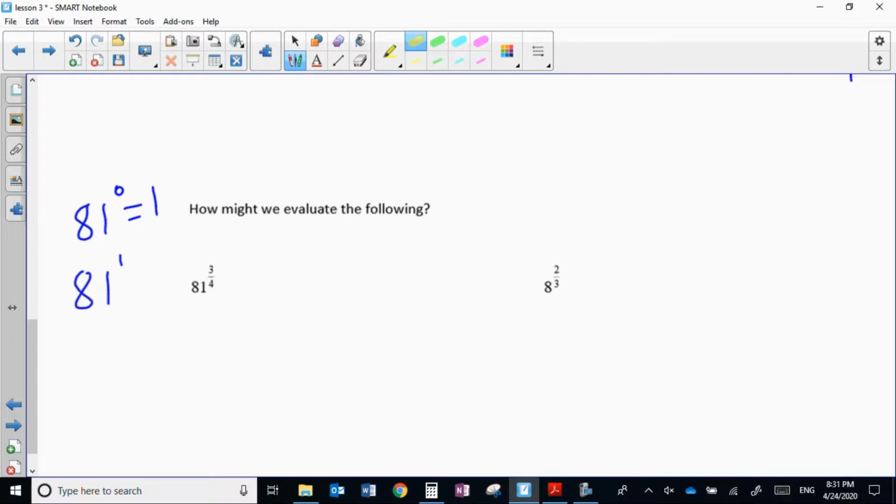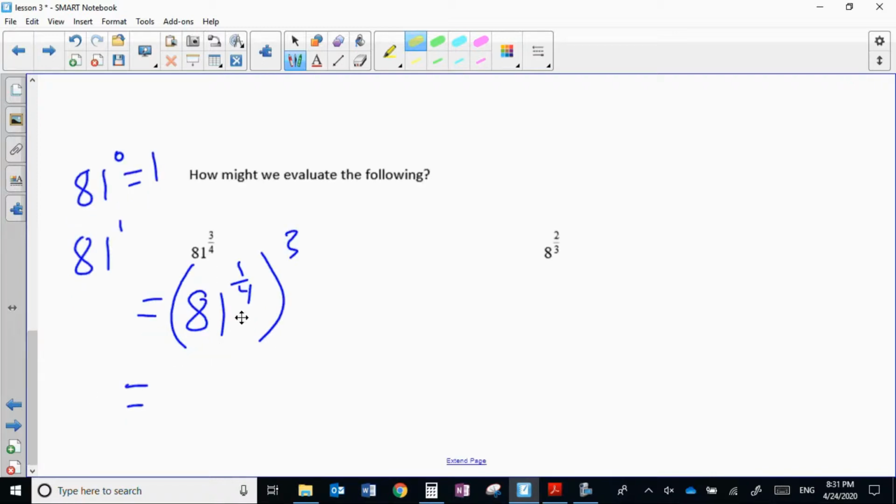Well, thankfully, we have a nice little trick we can do here. We can rewrite this using our rules for power of a power. 81 to the power of 3/4 should be the same as 81 to the power of a quarter taken to the power of 3, since 3 times a quarter is 3/4. Well, 81 to the power of a quarter we already know is the fourth root of 81.